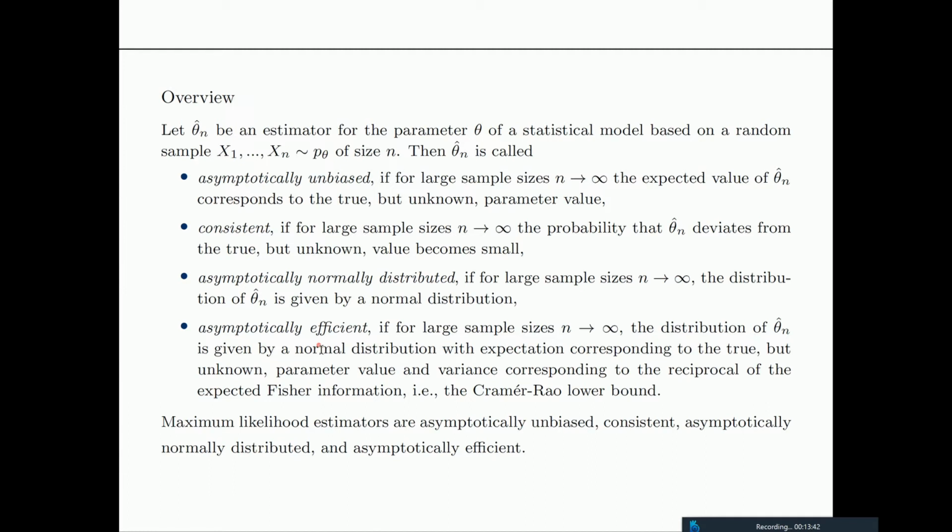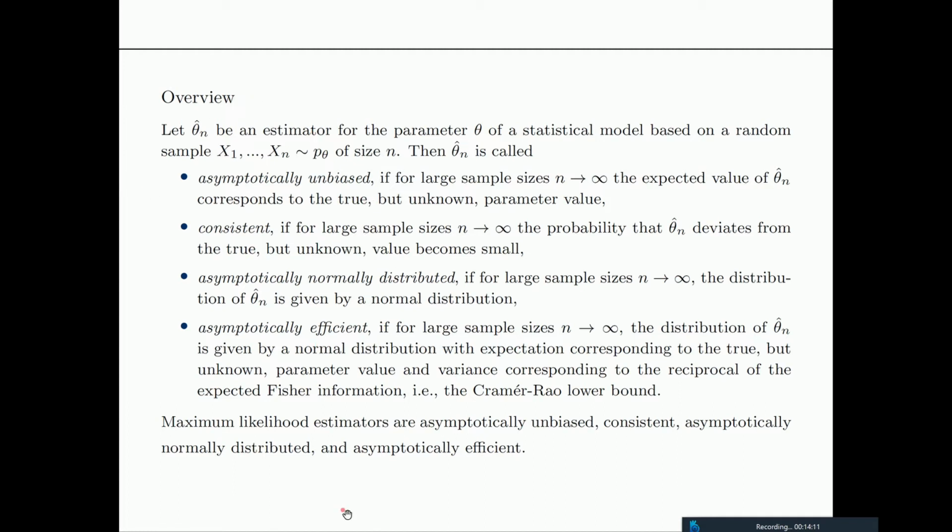In a way, calling them asymptotically efficient also implies that they are asymptotically normally distributed and asymptotically unbiased, and consistent, not quite. So efficient is kind of a maximum property that definitely includes asymptotically normally distributed and asymptotically unbiased.